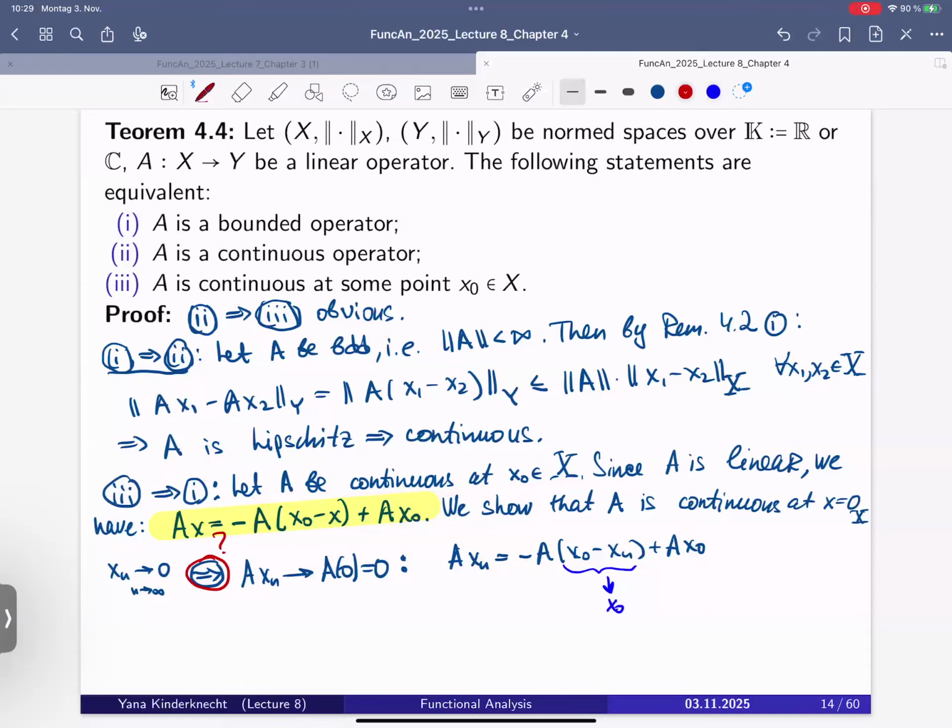Hence this converges to A of x0 by assumption. Hence this stuff converges to minus A of x0 plus A of x0. This is just 0. And this is A of 0.